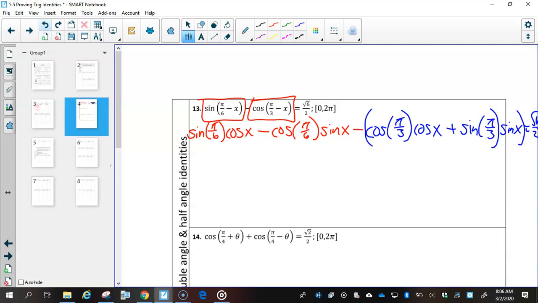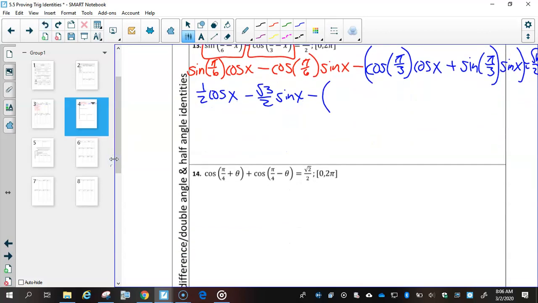From here, we can evaluate: what is the sine of pi over 6? 1/2. Cosine of pi over 6? Cosine of pi over 3? 1/2.